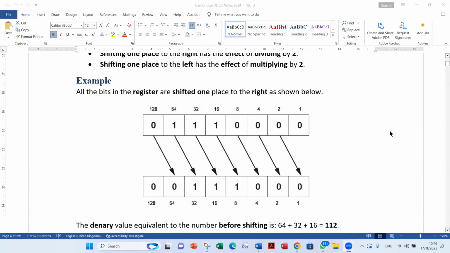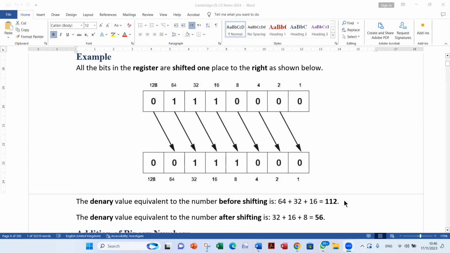So the value before shifting is 112. The value after shifting is 56. If you compare the two values, you will find that 56 is exactly half of 112.